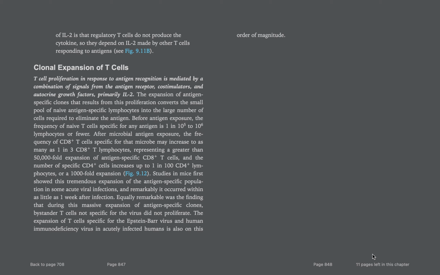After microbial antigen exposure, the frequency of CD8 T cells specific for that microbe may increase to as many as 1 in 3 CD8 T lymphocytes, representing a great, roughly 50,000-fold expansion of antigen-specific CD8 T cells, and the number of specific CD4 cells increases up to 1 in 100 CD4 lymphocytes, a 1,000-fold expansion.